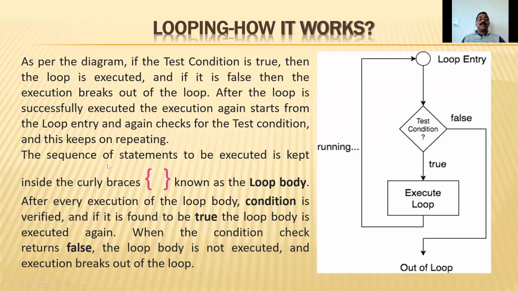There may be one or multiple statements. After every execution of the body of the loop, the condition is verified, and if it is found true again, the body of the loop is executed again.